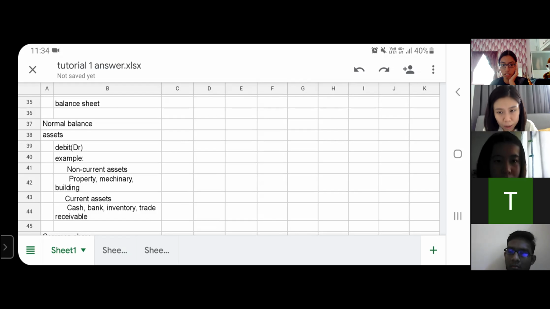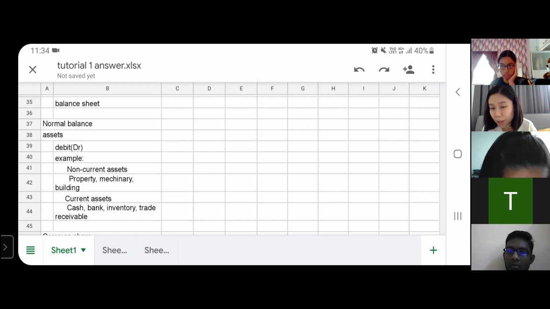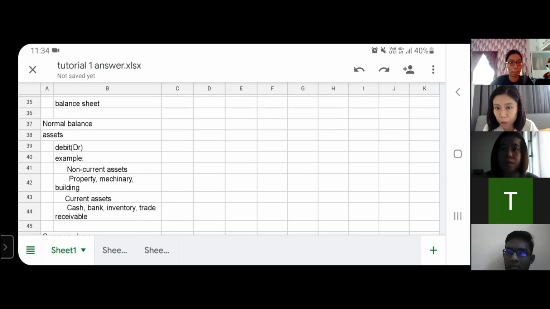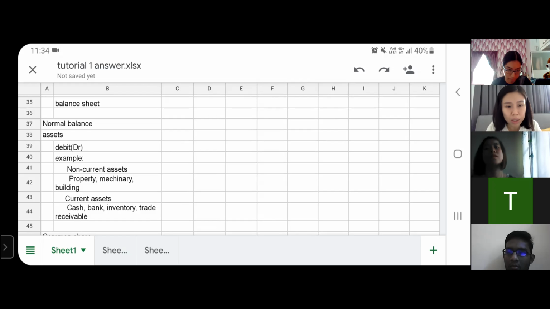So if you really want to change, you must have a justification why you want to change in the middle. And like what Yuan Hao said, you need to provide an explanation in the note on why you want to change and which method you want to change to, and how you reevaluate your asset. Okay, so this is depreciation. I'm satisfied with your answer.